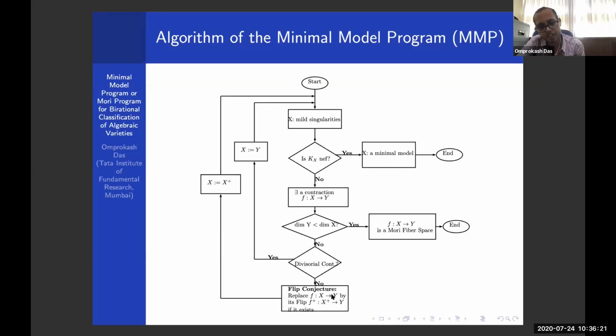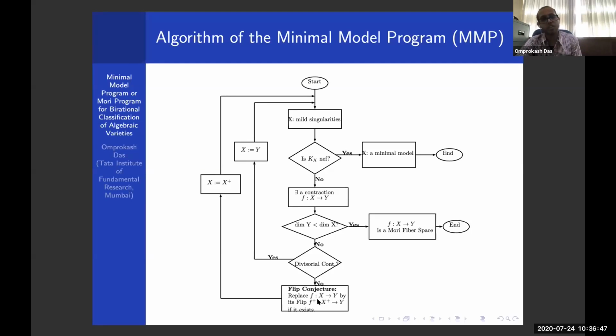It is an extremely bad singularity, so bad that you cannot replace X by Y and run this program. It will not make sense. So you need to replace X and Y by something, X plus, and then replace X by X plus. It is conjectural whether this X plus, with the morphism from X plus to Y, exists or not. This is called the flip conjecture. I will come to that later.